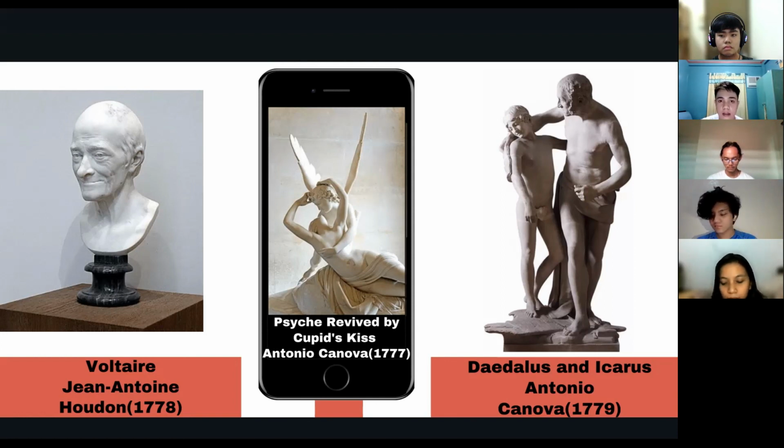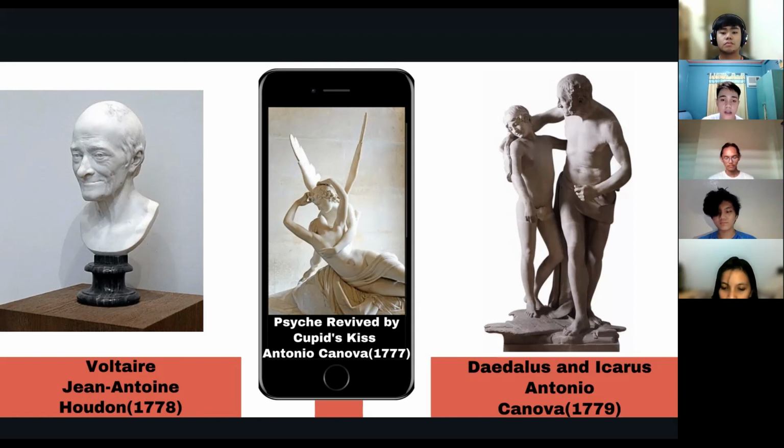Last is the sculpture by Antonio Canova, Daedalus and Icarus. It was inspired by a mythological story as well. The sculpture shows Daedalus standing and fixing wax wings on the shoulders of his son Icarus, who is standing next to him with tools spread around them.